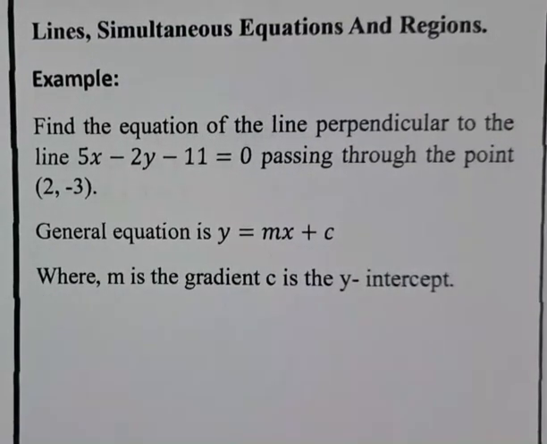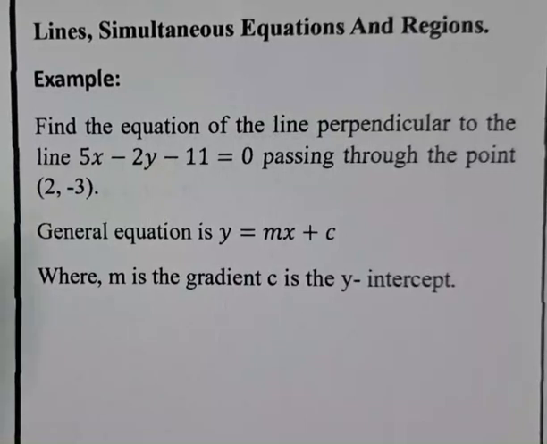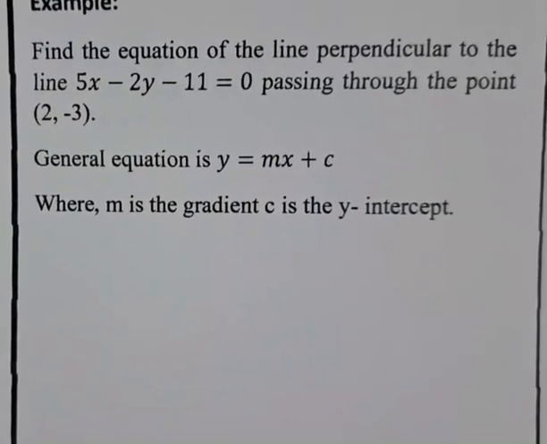Now, how do we find the gradient or the equation of the line perpendicular to another line? When two lines are perpendicular to each other, their gradient is the opposite reciprocal of the other. What do I mean by opposite reciprocal?